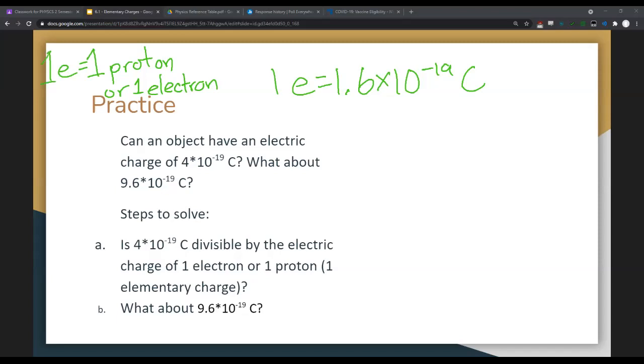So one elementary charge is either one proton or one electron. The electric charge of one proton or one electron is 1.6 times 10 to the negative 19 coulombs.